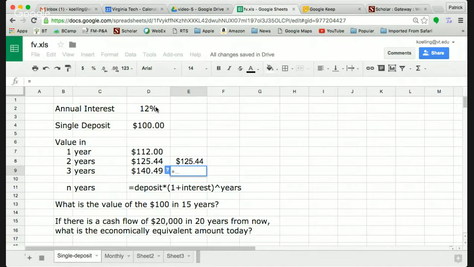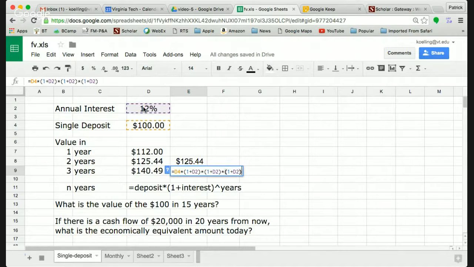We can do the same thing in year 3. This is equal to what happened in year 1, 100 times 1 plus the interest rate, times 1 plus the interest rate, that gives us the amount we had at the end of year 2, times 1 plus the interest rate, gives us what we have at the end of year 3.